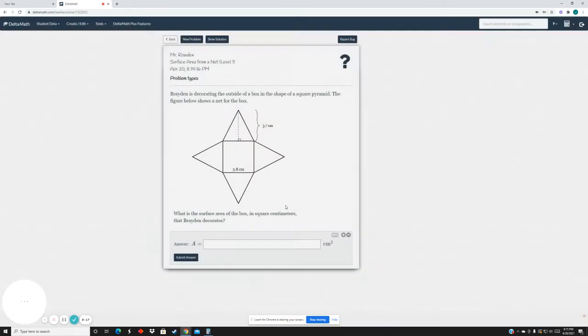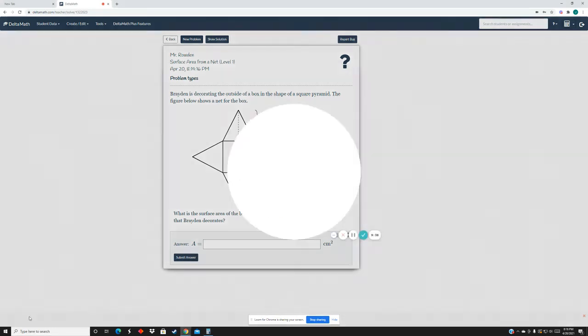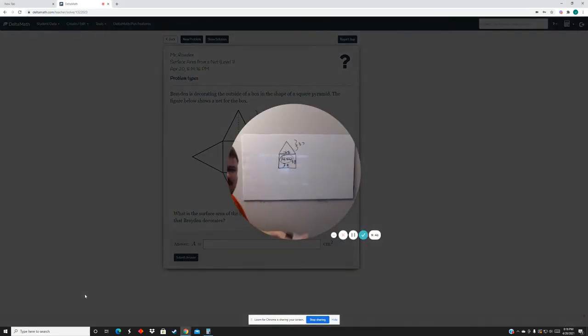So we'll just do 3.8 times 3.7. But when it's a triangle, what do you do? You cut it in half. So we'll do 3.8 times 3.7, then divide it by 2 because we cut it in half. And we get 7.03. So when I'm doing it right here, 7.03.